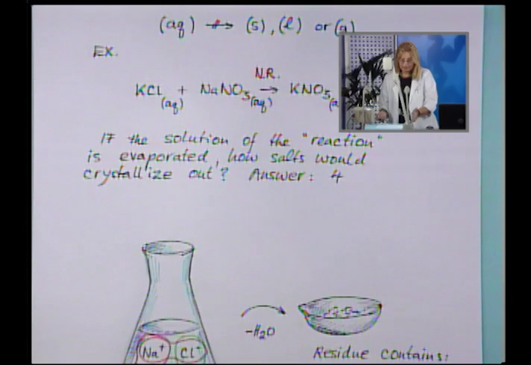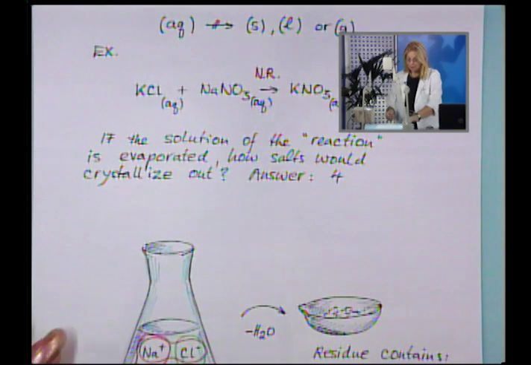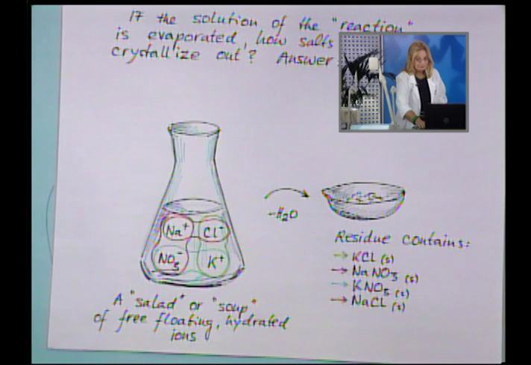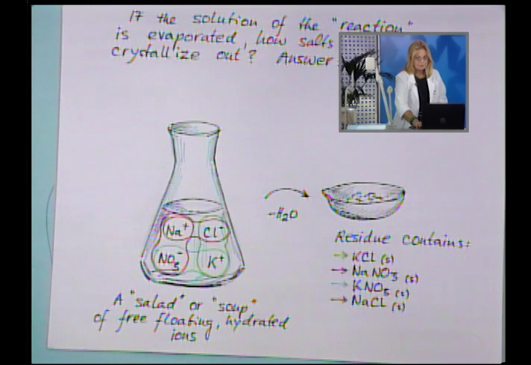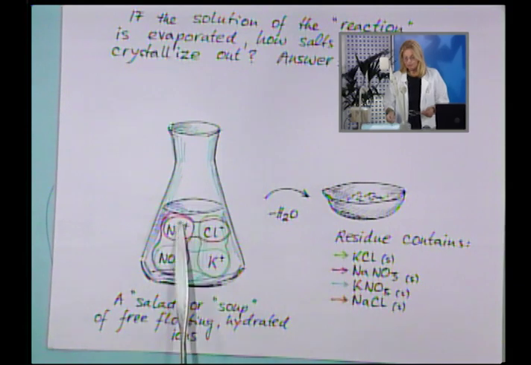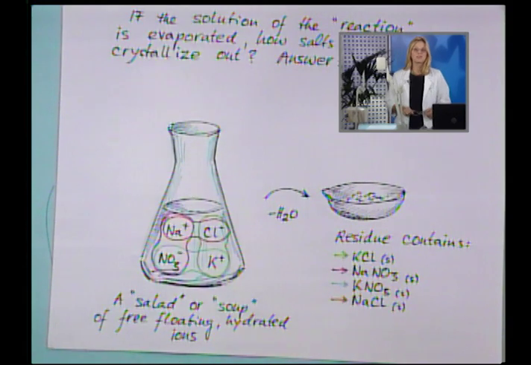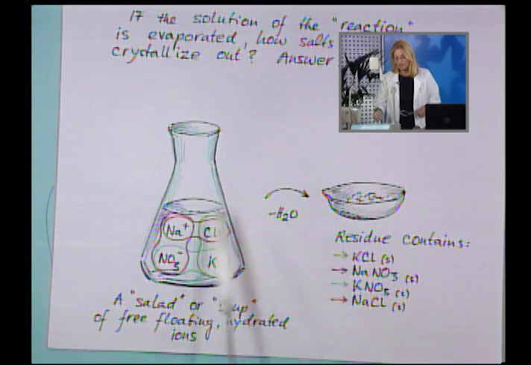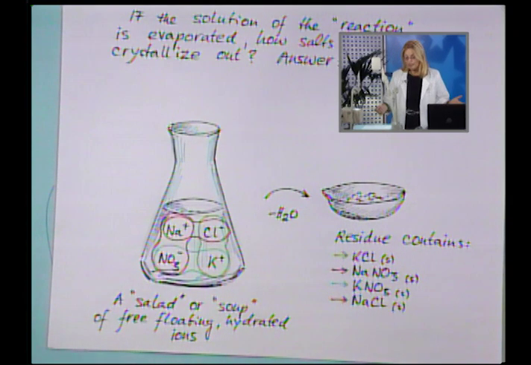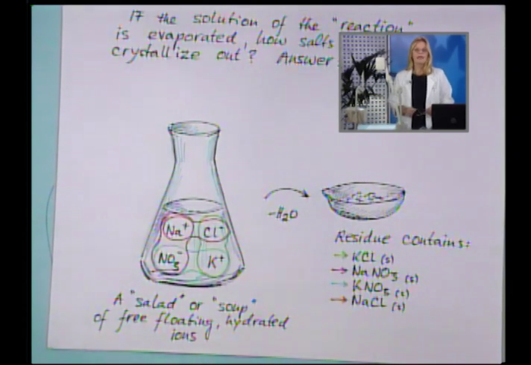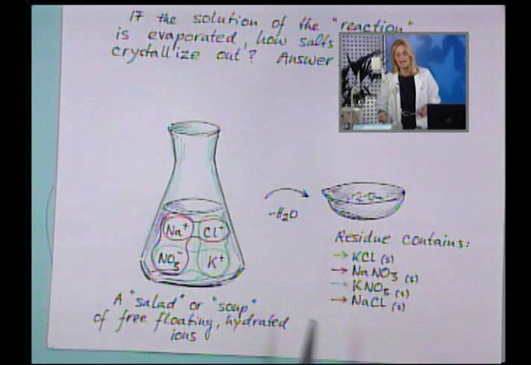The reaction practically is not successful, because if we look here at the flask, and we have all these solvated, hydrated ions floating around in the solution, which I would call a soup of ions, or salad if you prefer, free-floating ions, and we would drive off the water, then you have 4 different possibilities, because it depends on how the ions combine and crystallize into a lattice.